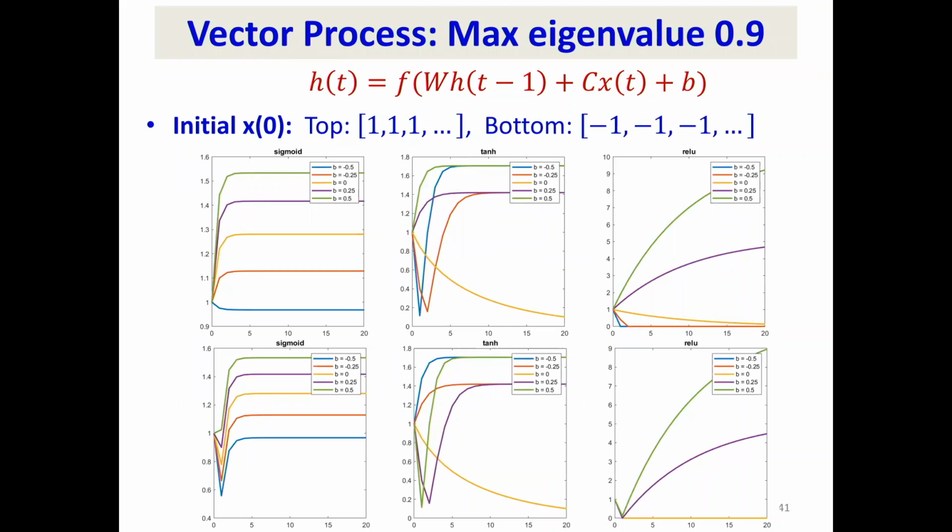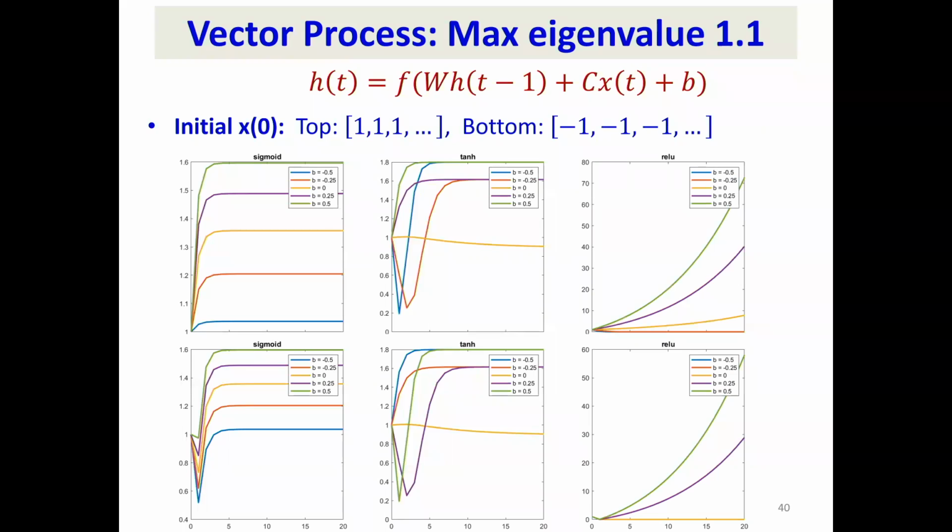So what this is telling us is that to the far right, both the pictures in the left column are identical. Both the pictures in the right column are identical, but they are different for different values of the largest eigenvalue. So in other words, what is being remembered is a function of the bias and a function of the largest eigenvalue of the weight matrix, but not a function of the input. Is that making sense to everyone?